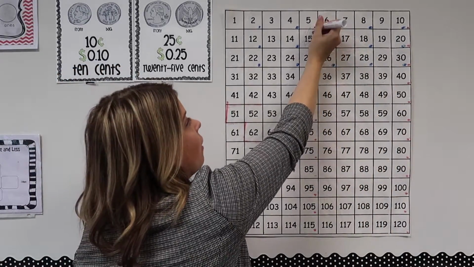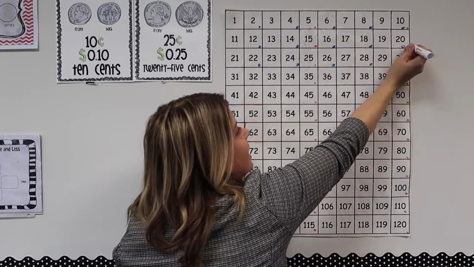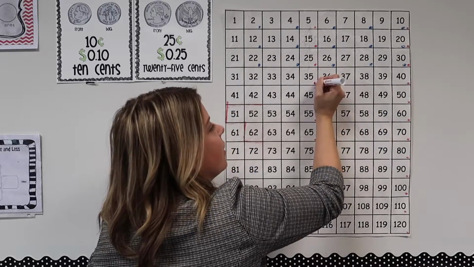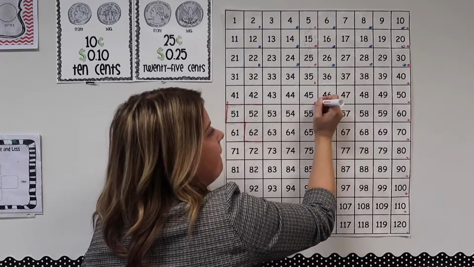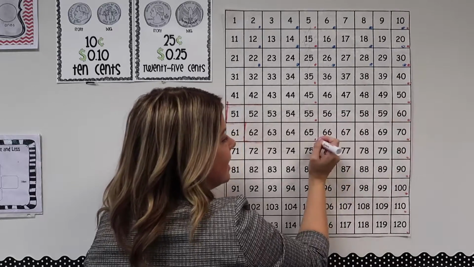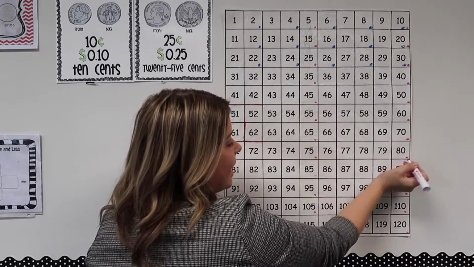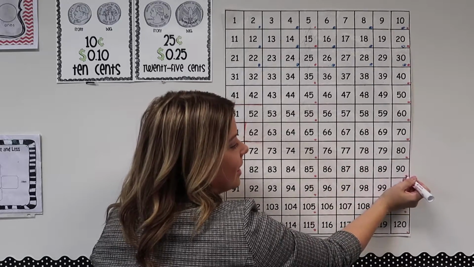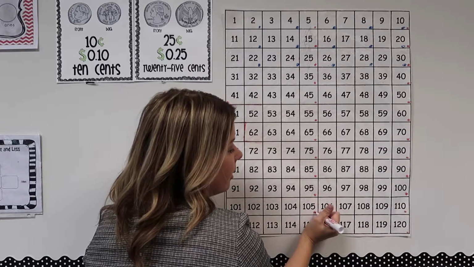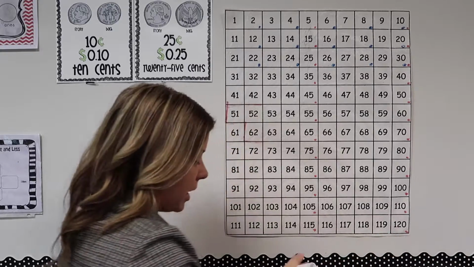So you go 5, 10, 15, 20, 25, 30, 35, 40, 45, 50, 55, 60, 65, 70, 75, 80, 85, 90, 95, 100, 105, 110, 115, 120.